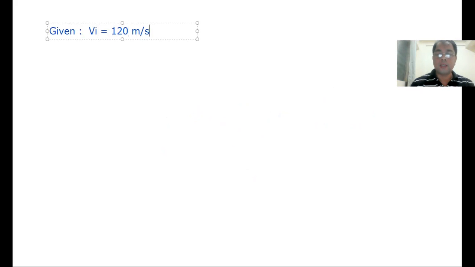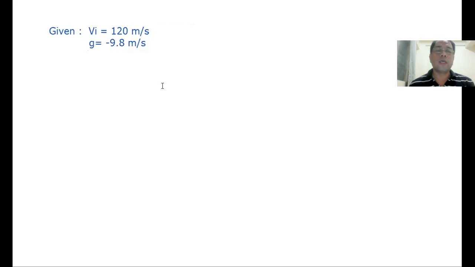Now this time, since the object is going up, we will consider gravity to be negative. So our gravity value is negative 9.8 meters per second squared. So that's another given.